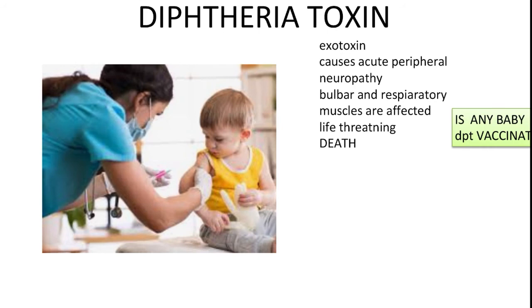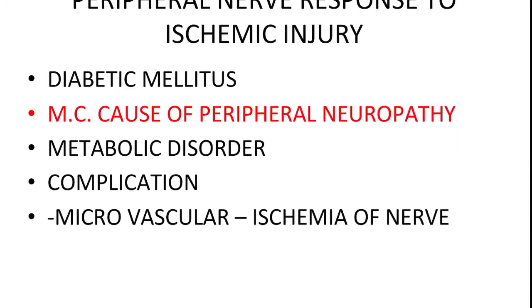Basically it attacks the bulbar and respiratory centers in our brain which control the respiratory muscles and breathing. If that is affected, then death is sure. Diphtheria toxin is a bacterial toxin that stops our cell protein synthesis, and that is the main reason due to which death can occur.